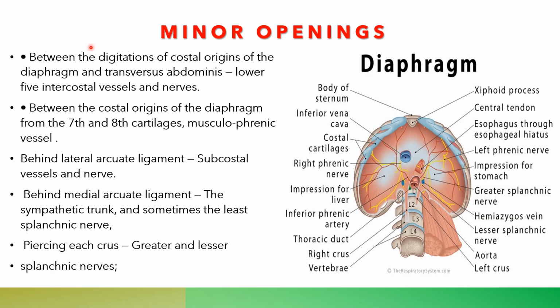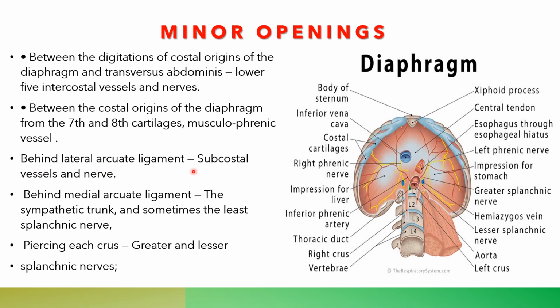Now minor openings of the diaphragm, if we continue, between the digitations of costal origins of the diaphragm and the transversus abdominis, the lower 5 intercostal nerves and the lower 5 vessels. So this I will show you in the next slide. Between the costal origins of the diaphragm and the 7th and 8th cartilage, musculophrenic vessels.